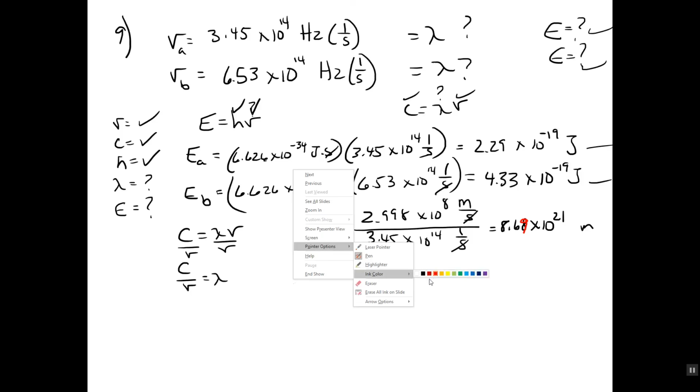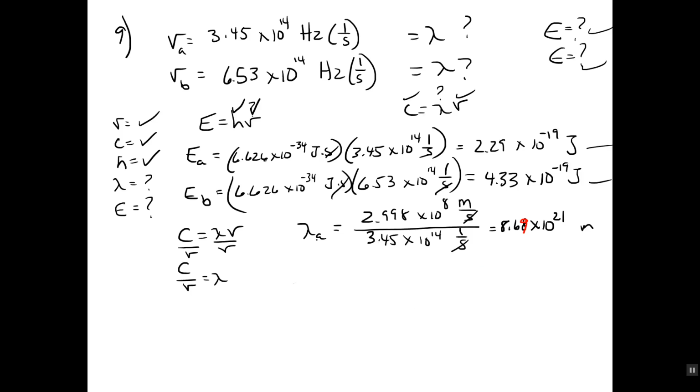And then let me do wavelength of B. That's going to be, again, 2.998 times 10 to the 8th meters per second over this frequency, which was 6.53 times 10 to the, did it again.